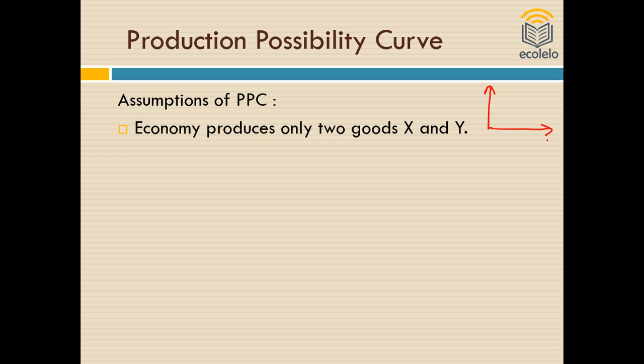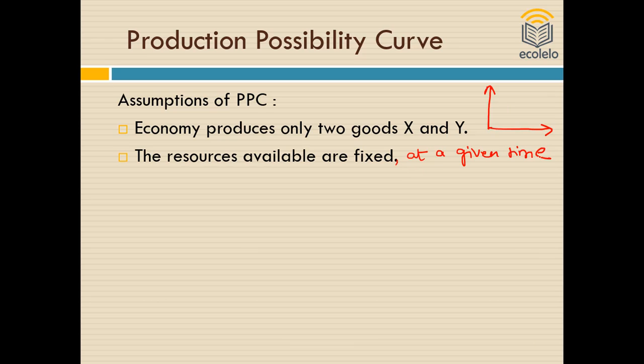So the x-axis is going to be used to represent good X, and the y-axis would be used to represent good Y. So to make this easy, we use only two goods. Resources available are fixed. Now, at a given time, you must remember this. Suppose we are talking about this year, or this month. In this particular time, we assume that the given resources are fixed.